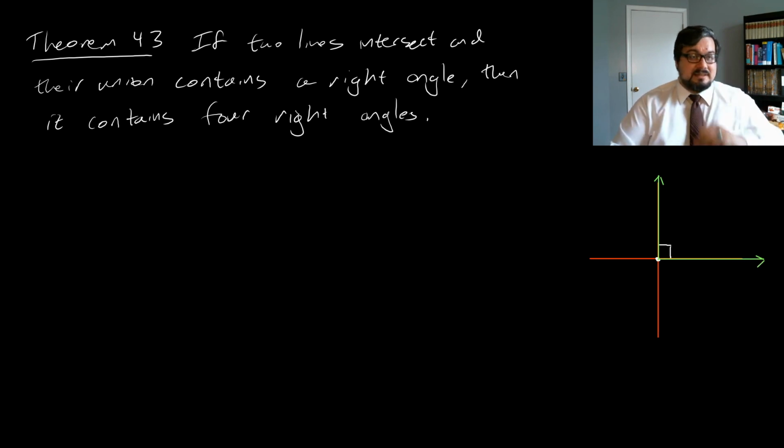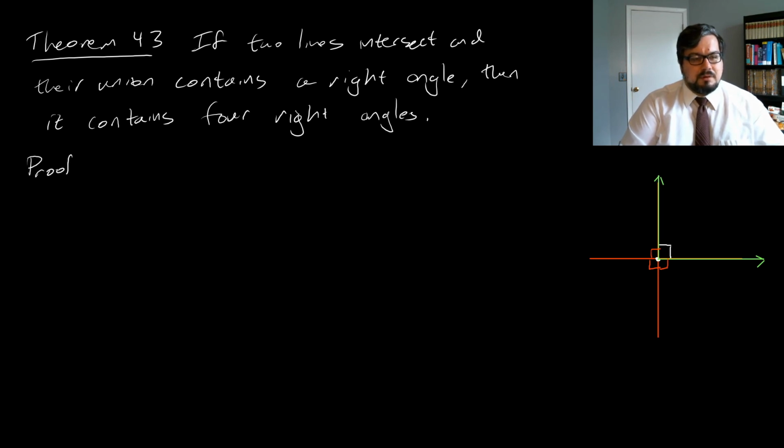And the statement of the theorem says that, well, then it's going to contain 3 other right angles. So let's go ahead and do this, and let's be a little careful and see how we want to take this statement, which doesn't involve any point names or anything like that, and very carefully write down what we would want this to look like.